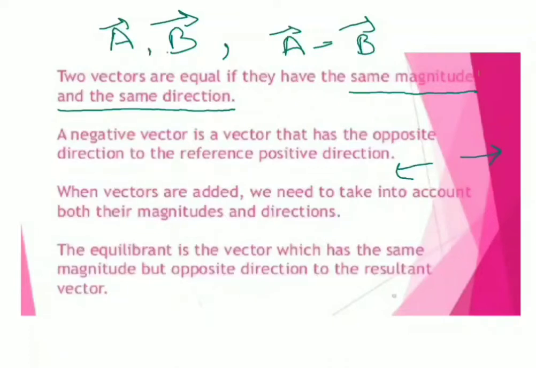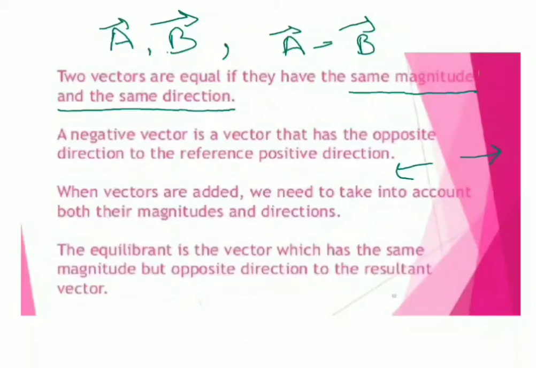Now the third one: when vectors are added, we need to take into account both their magnitude and direction. We have to consider both direction as well as magnitude while adding two vectors.